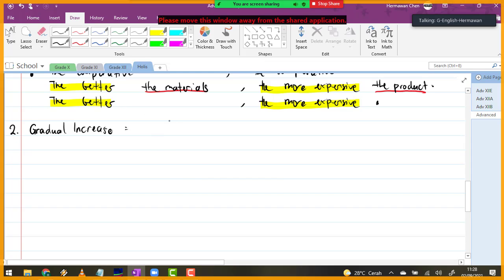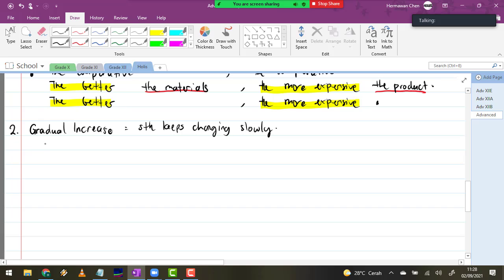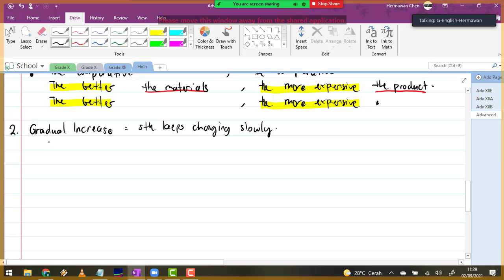It means this pattern is used for something that keeps changing slowly over time. That's the function. So when you find something which changes slowly over time, you can use this pattern.